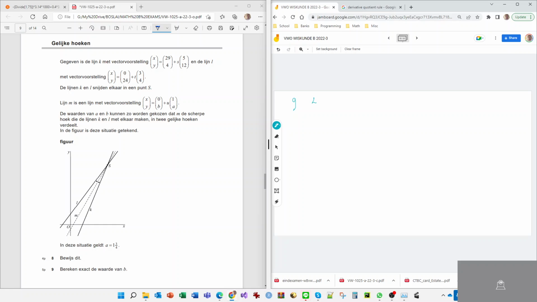Solve for 29 plus 5s has to be equal to 3t, and 4 plus 12s has to be equal to 24 plus 4t.